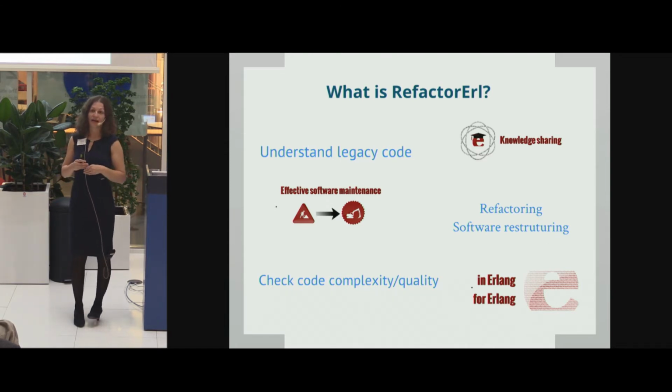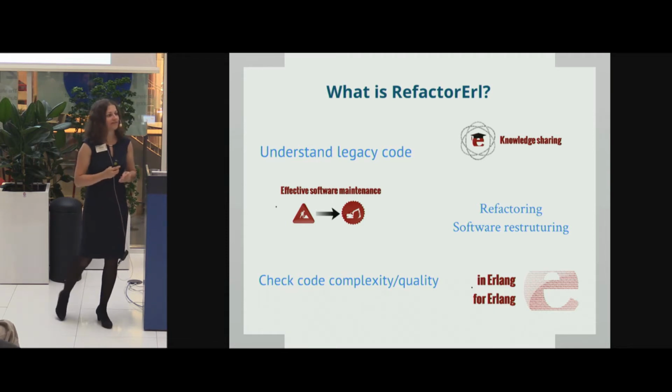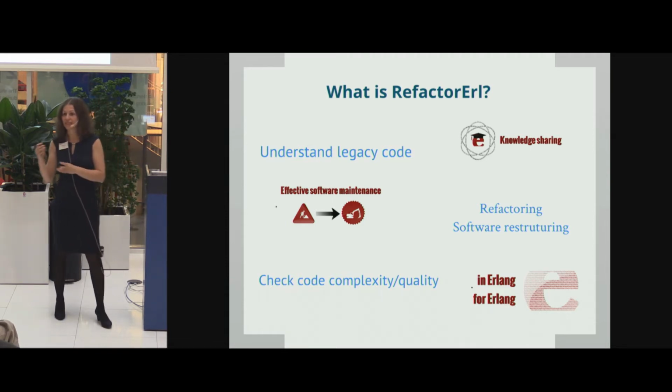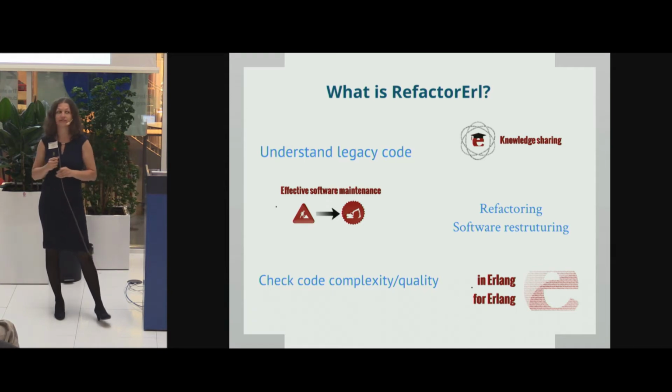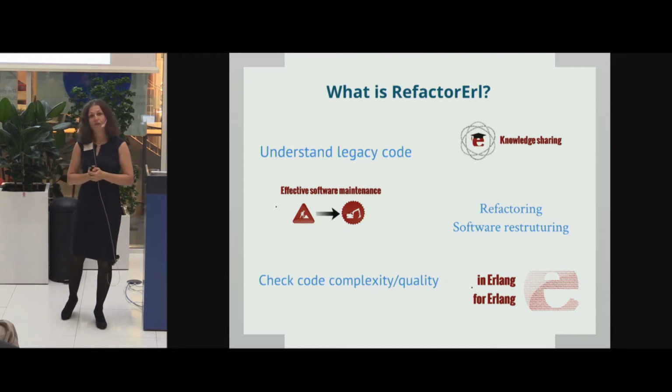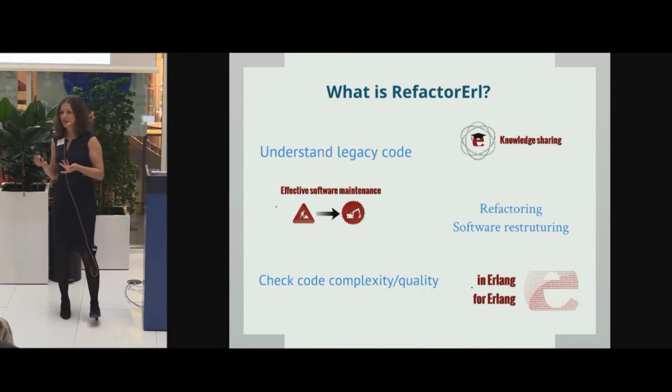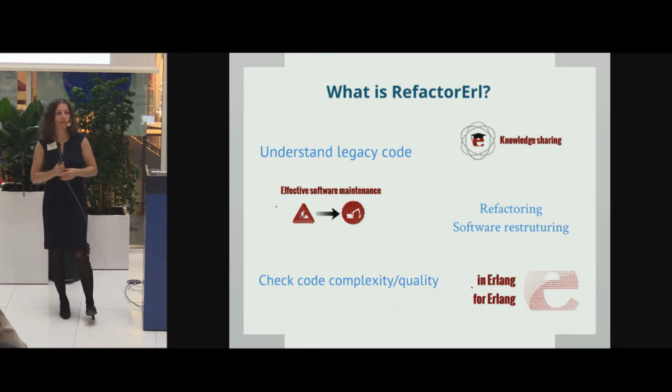When you have a huge application or Erlang software, and it's really hard to see what the dependencies in it are, and you want to split it into, for example, several applications, then we have a component called clustering, basically to take the source code and try to split it into smaller components.